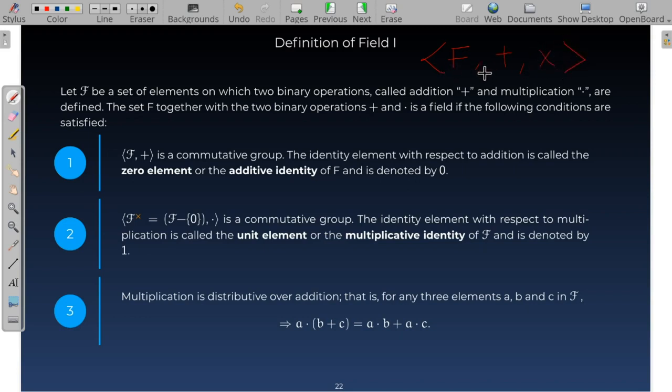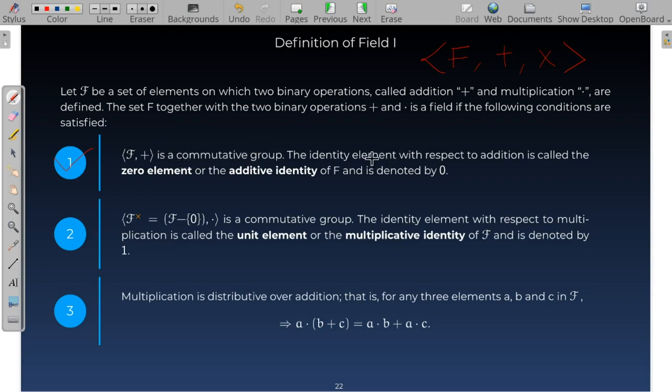So this triplet, an underlying set F, addition and multiplication, will be called a field if it satisfies certain conditions. The first of those conditions is that this set together with the operation addition is a commutative group, meaning that it is going to satisfy all the axioms of a group, as well as be commutative.